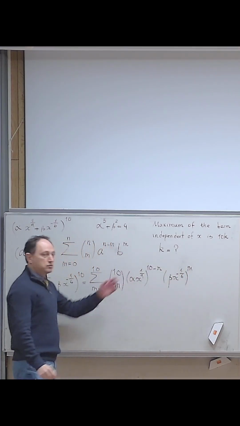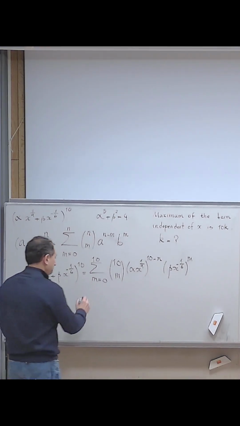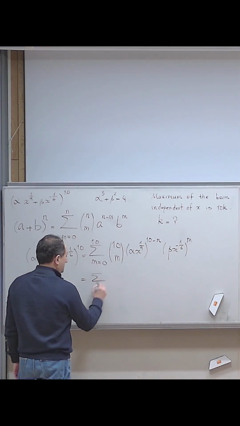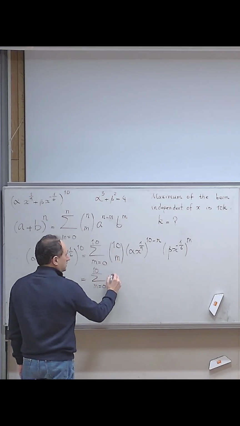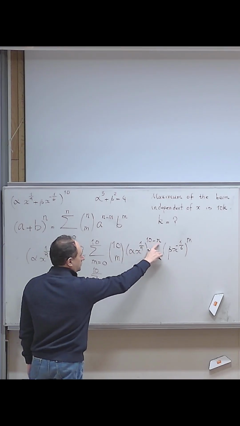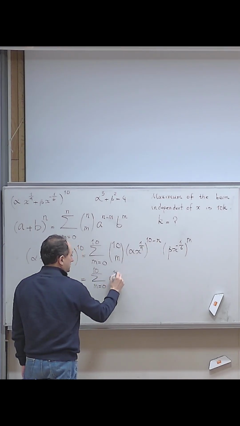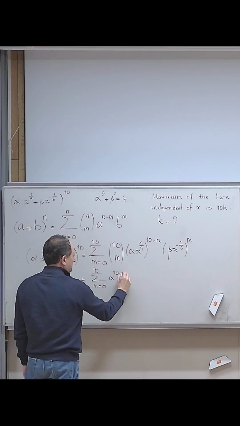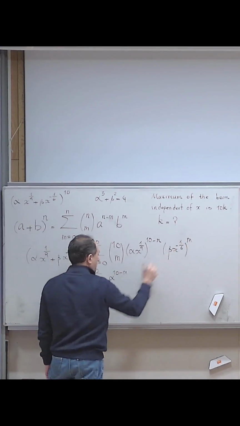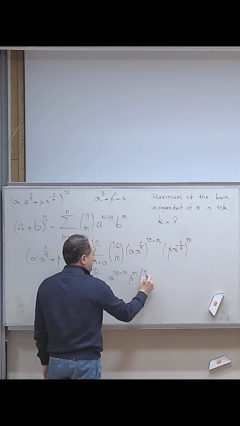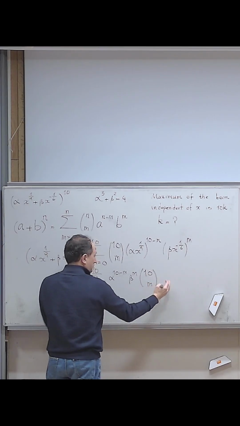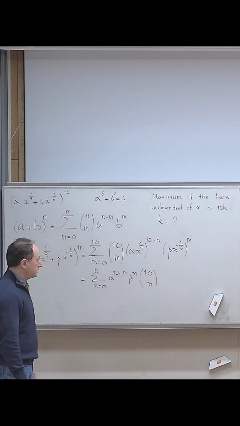Okay, now let me try to simplify this a little bit. So this becomes sigma, m goes from 0 to 10. Here I have alpha to the power 10 minus m, a constant, and here I have beta to the power m, another constant, and I have 10 choose m, another constant. I write all constants next to one another.